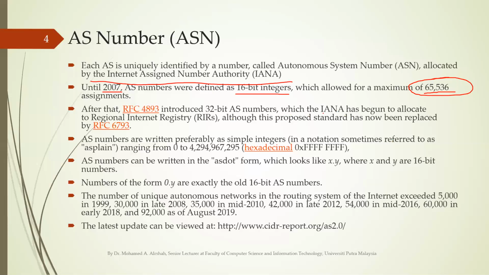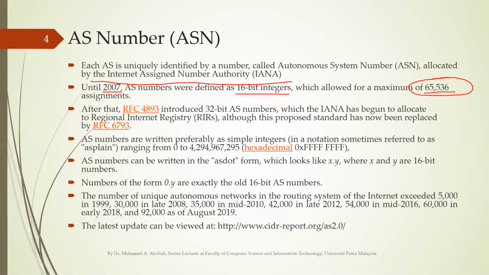Which the IANA is this one. Internet Assigned Numbers Authority. IANA has begun to allocate the 32-bit autonomous system numbers to regional internet registries, something called RIR, that is allocated in regional locations.